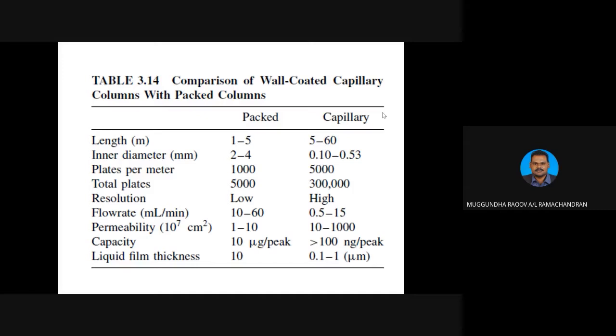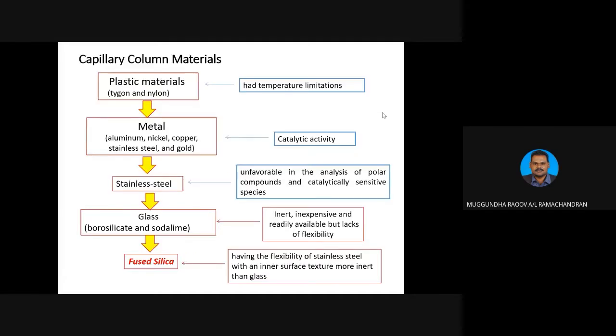The flow rate for the packed column is quite high, and for the capillary column it is 0.5 to 15. For liquid film thickness, the packed column is quite thick, about 10, and for the capillary column it is between 0.1 to 1 micrometer. So in this case, class, the capillary column is basically a better column for the GC separation.